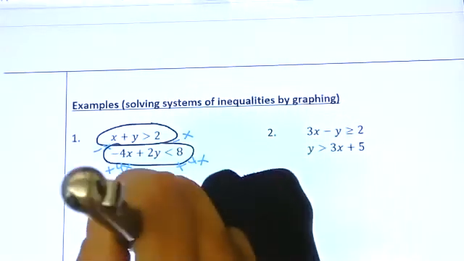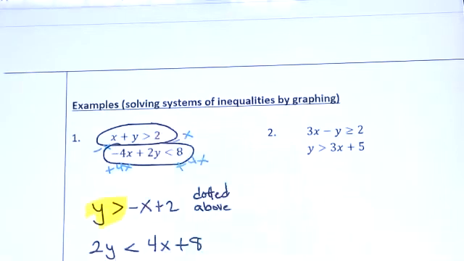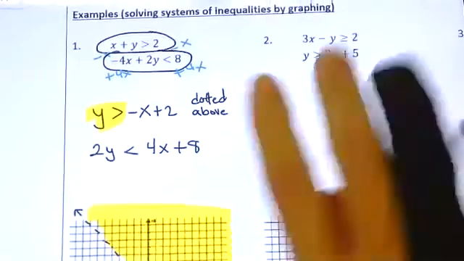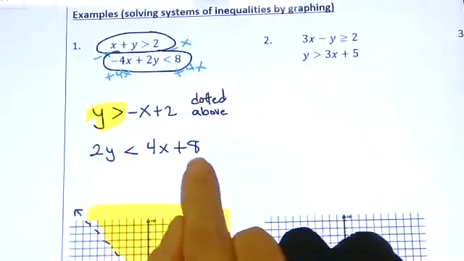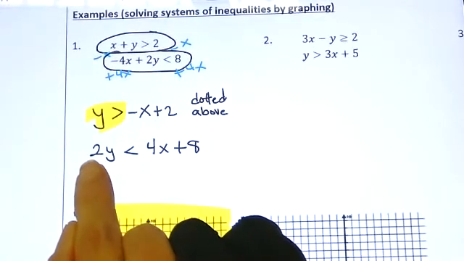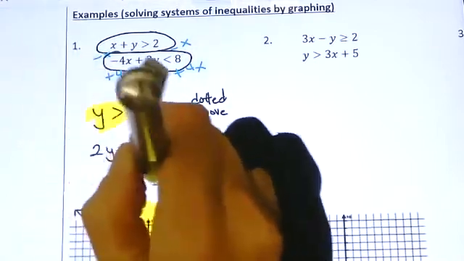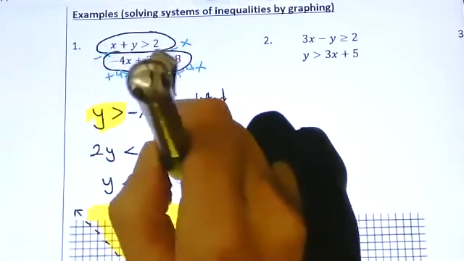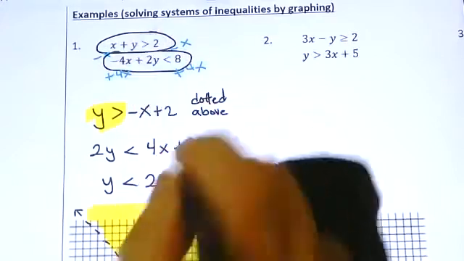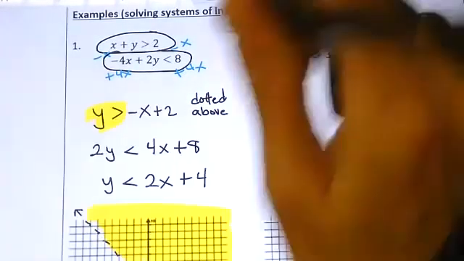So y is less than 4x and a positive 8. So that's what happens when I add 4x to both sides. And now I divide by 2. If you divide by a positive, you do not need to flip your sign. So here is my new equation. So y is less than 2x plus 4.